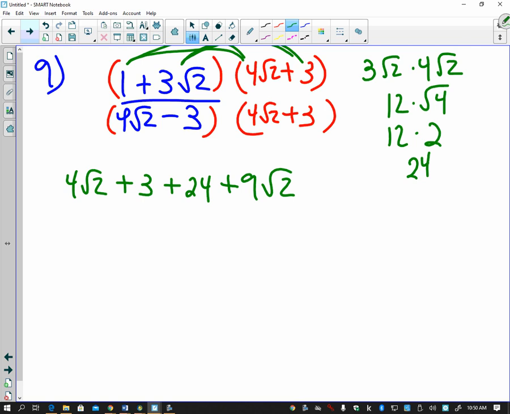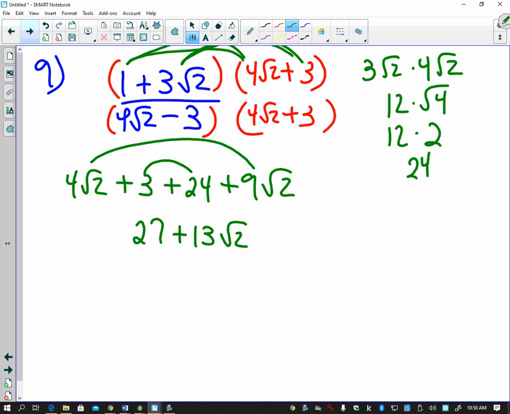So I get what, like 27 plus 13 radical 2. We're not multiplying. It's 4 radical 2 plus 9 radical 2. 3 and 24 are like terms. 4 radical 2 and 9 radical 2 are like terms. Okay, does that make sense?